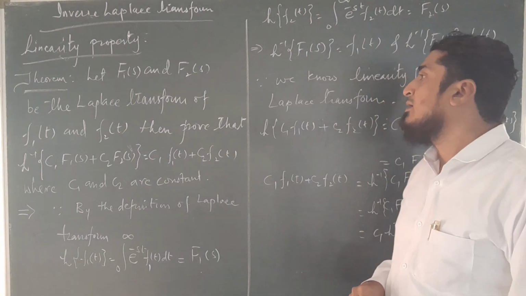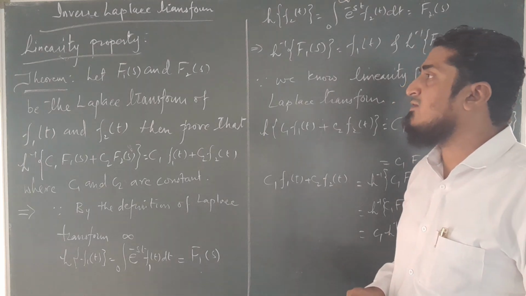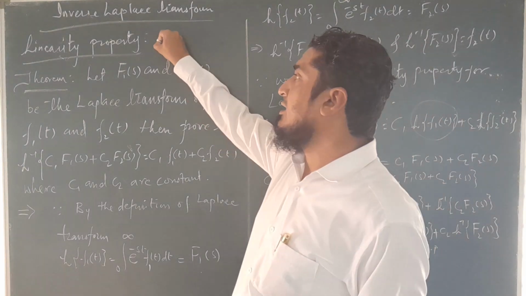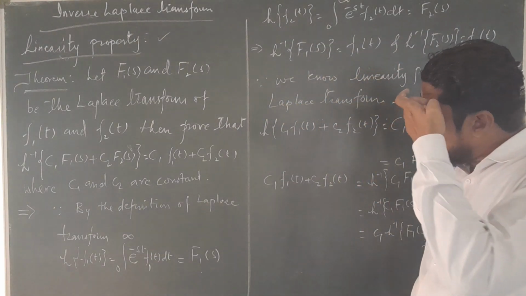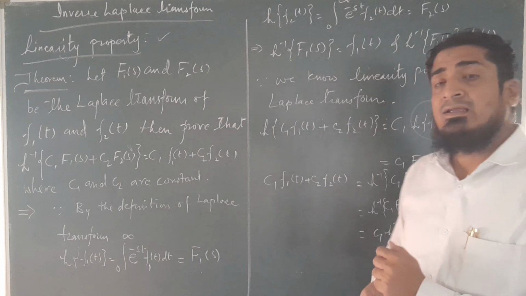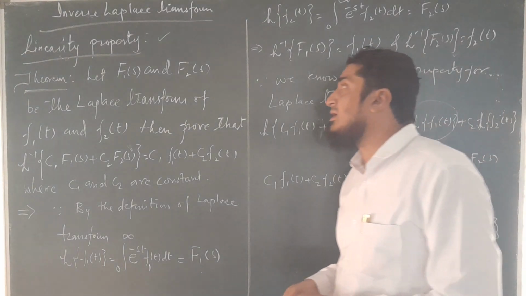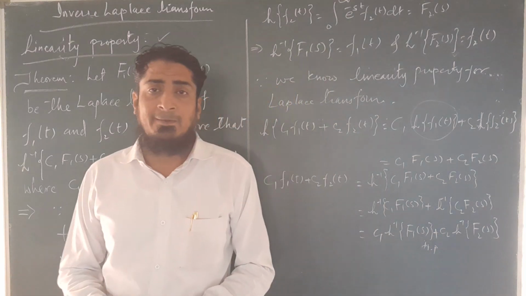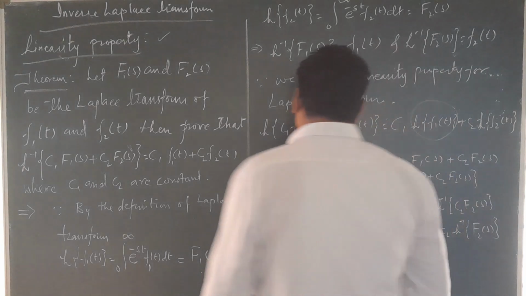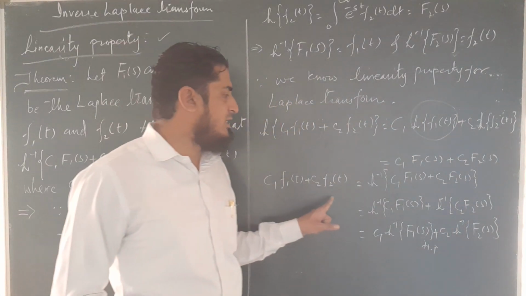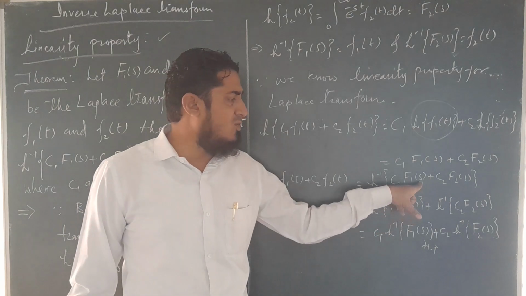Similarly, the inverse Laplace transform also satisfies the linearity property, and whenever we have two different functions in addition, we can distribute the inverse Laplace transform operator to both functions. So we easily get c1 f1 of t plus c2 f2 of t is equal to the inverse Laplace transform of c1 f1 of s plus c2 f2 of s.